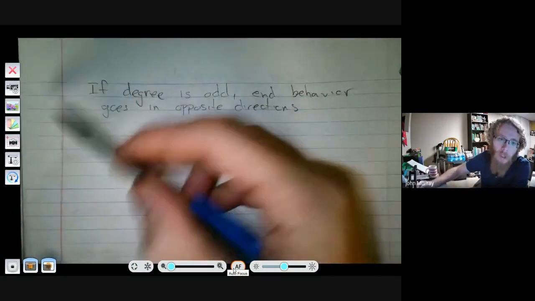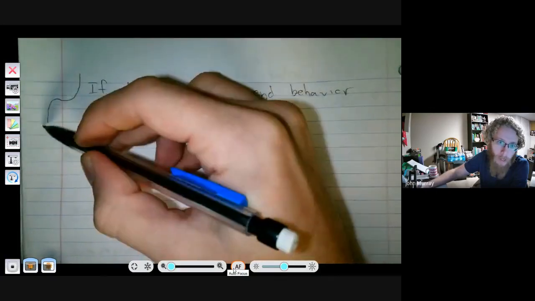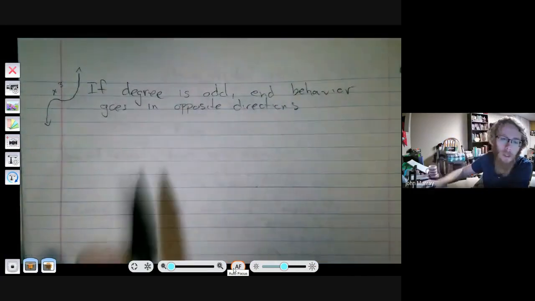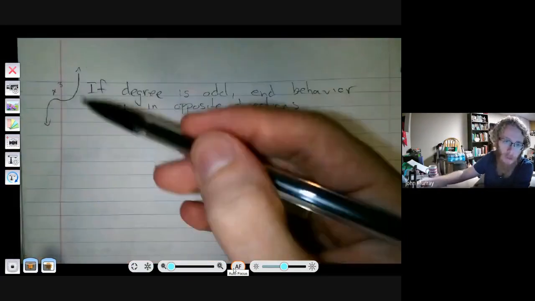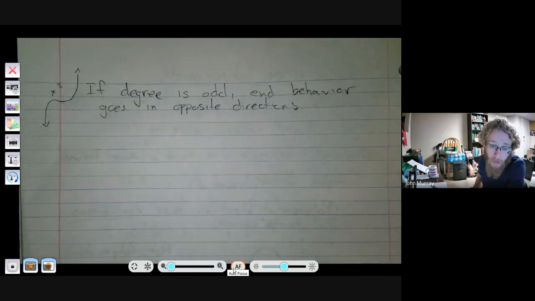Now you have your linear function, which is pretty straightforward, but if I had x to the third, okay, you can see as I go off to the right, it's increasing. As I go off to the left, I am decreasing. All right, so that's what we mean by opposite directions. So that's the first part, and we figure that out by the degree.